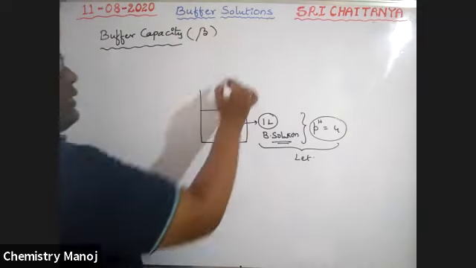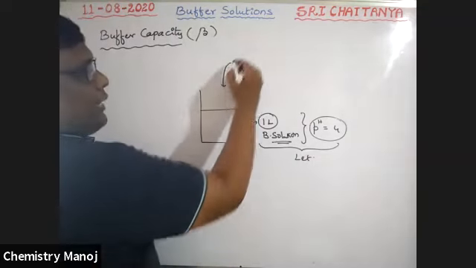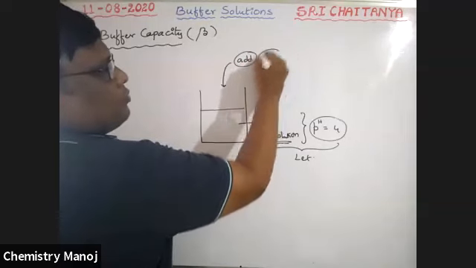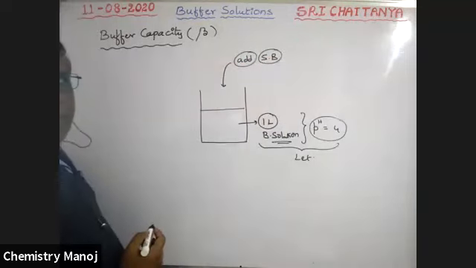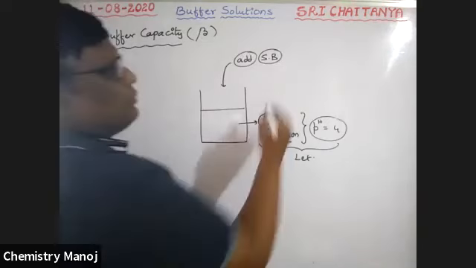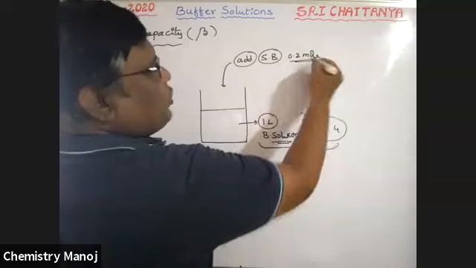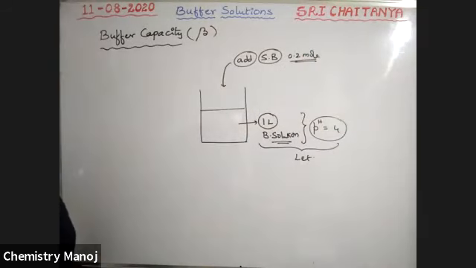Now to this, I am adding a strong base, for example 0.2 moles of strong base is added.